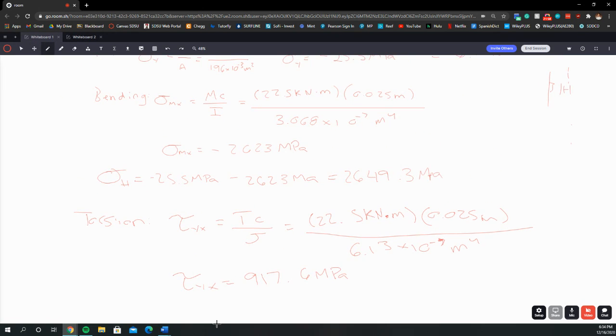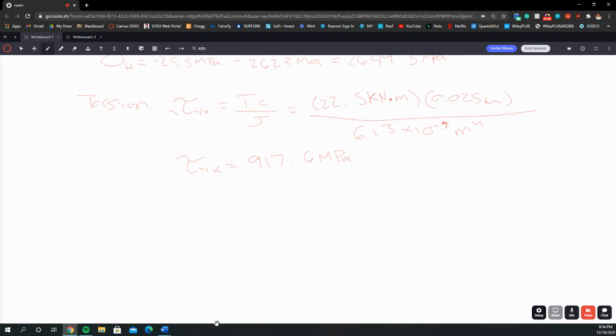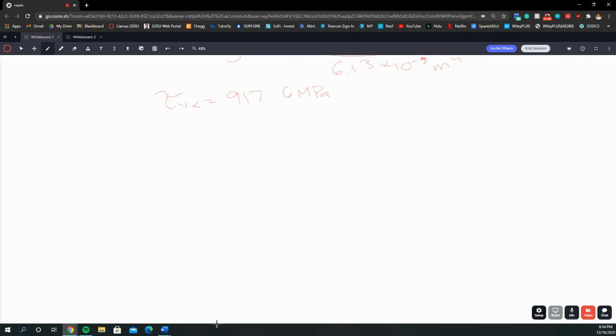And since we have our normal stress at H already, we can now use Mohr's circle to find the principal stresses and therefore the maximum stress.